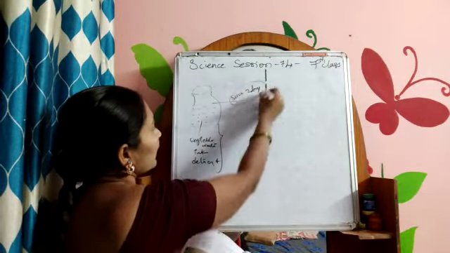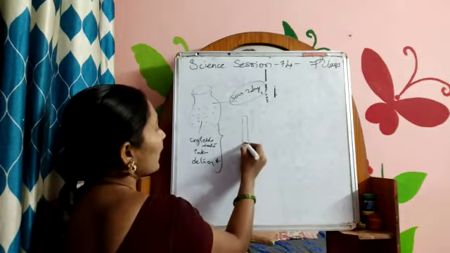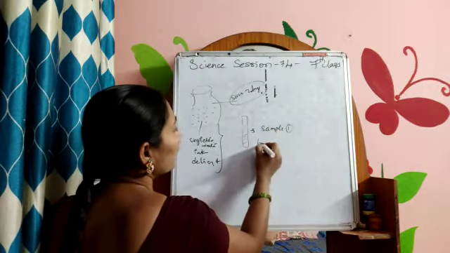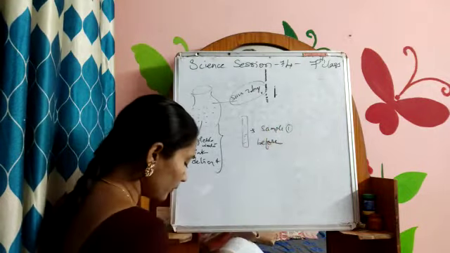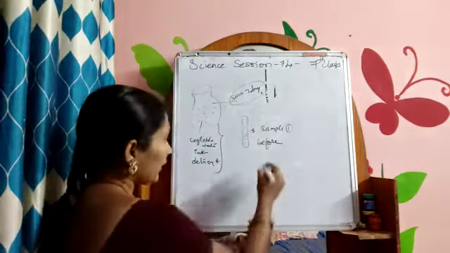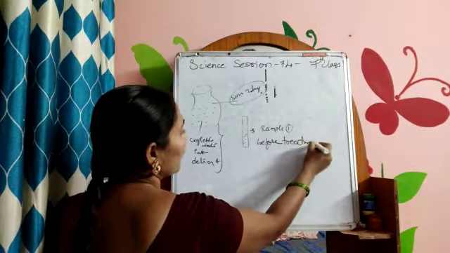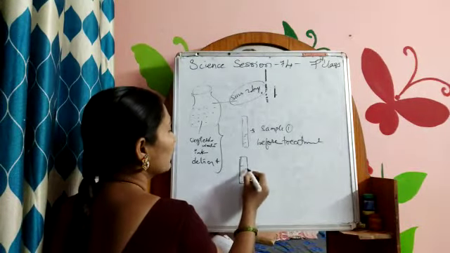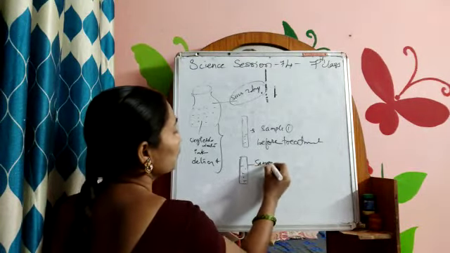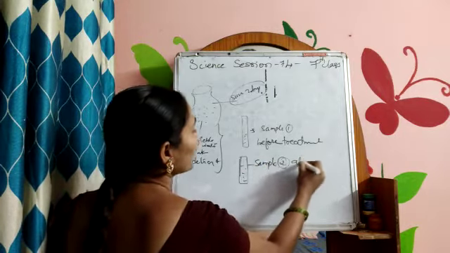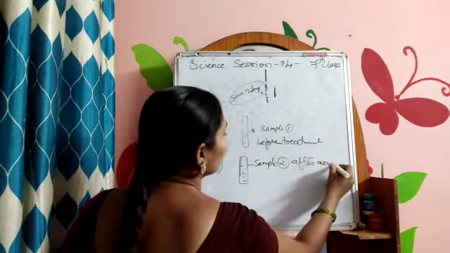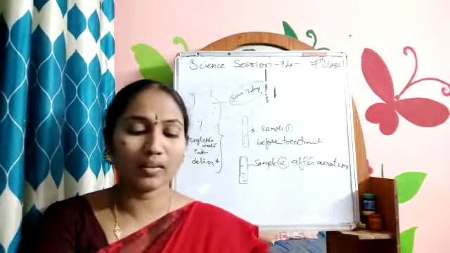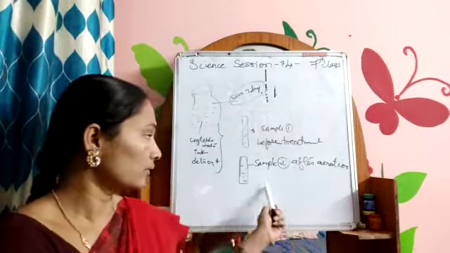Then take a sample in a test tube, collect the water and write sample number 1, before treatment. Then afterwards, aeration. Then take the sample water again and write sample number 2, after aeration. Here the biological process has been done.